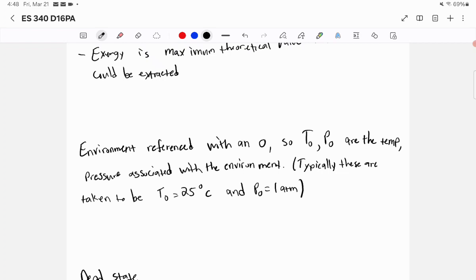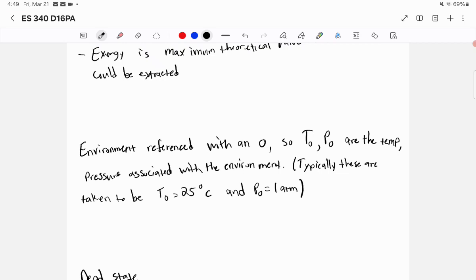Typically the values for those will be taken as 25 degrees Celsius, an average atmospheric temperature, and the pressure will be taken to be 1 atmosphere. Obviously, if you're high on top of a mountain or boring into the earth or something like that, you're going to get different values. And maybe if it's winter, you get a different temperature. But that's what we'll take these to be under typical circumstances.